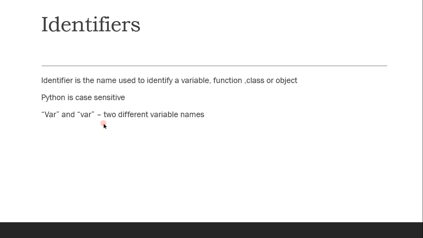Whatever variable you declare, it will be case sensitive, so you have to mind the case while declaring the variable name. Let's assume Var and var. If I define these two variables, they look similar, but in Python they are treated as two different variable names.